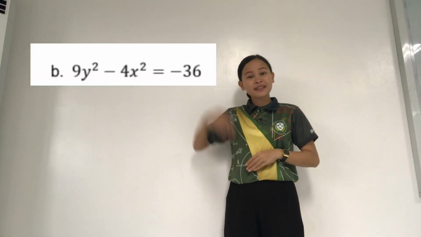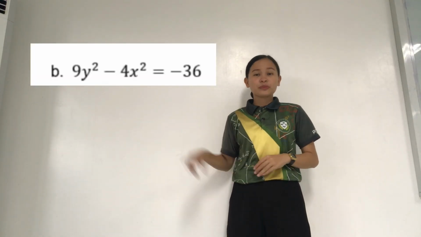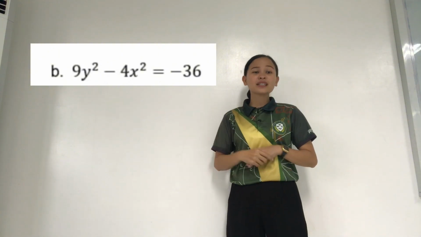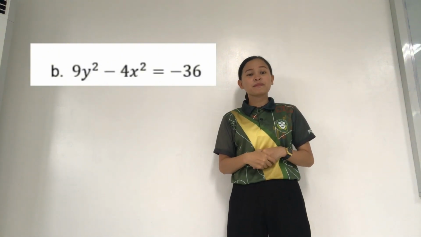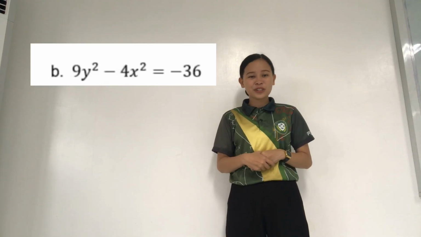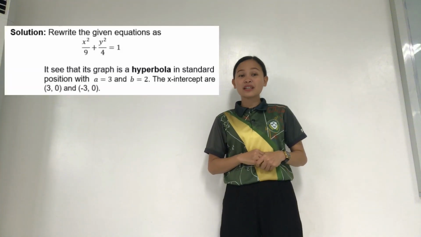How about the next equation? What type of conic section is this one? The given is 9y squared minus 4x squared is equal to negative 36. Same process as number 1, we're going to rewrite the equation.